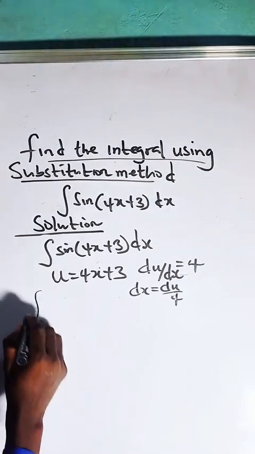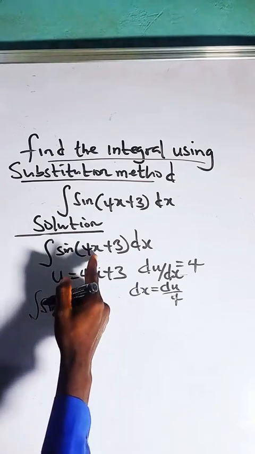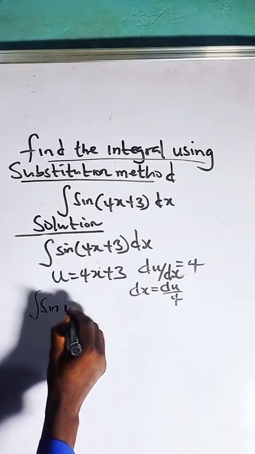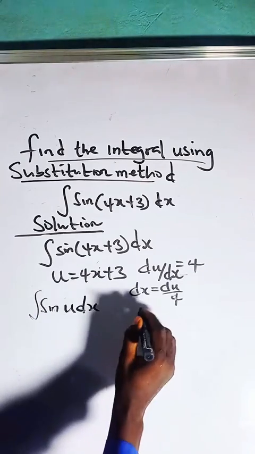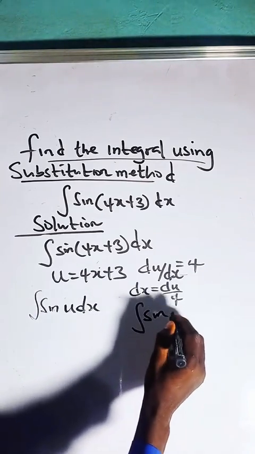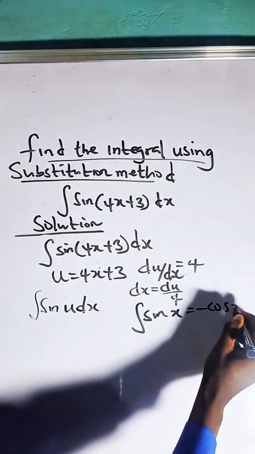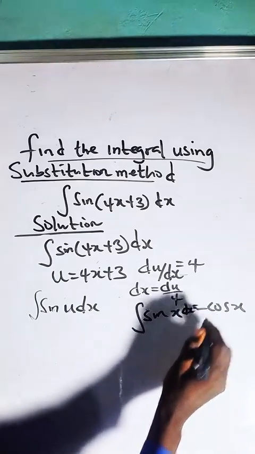So we have the integral of sin. Since we have 4x + 3 to be u, let's replace it as sin u dx. Integrating sine, we have minus cos.